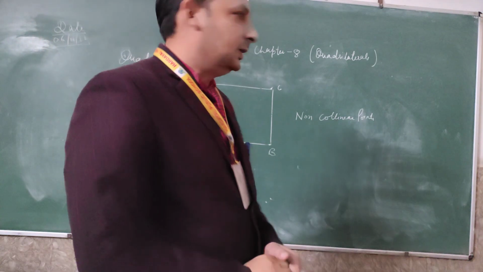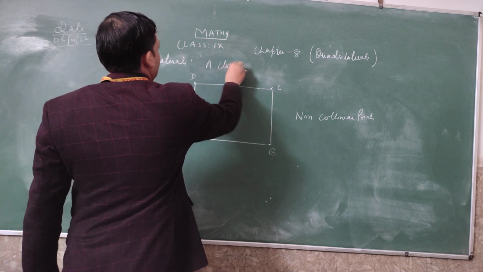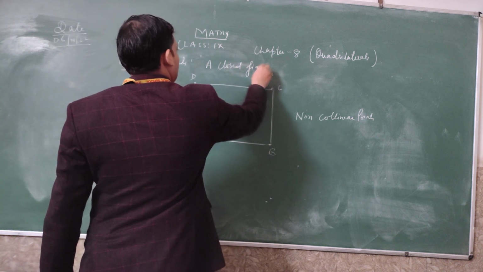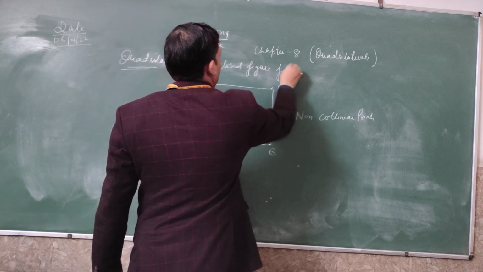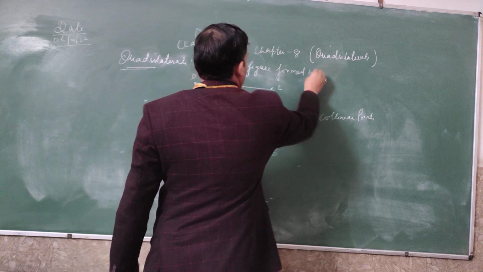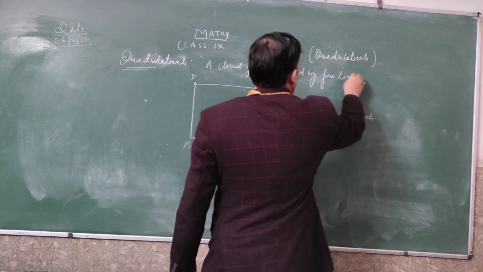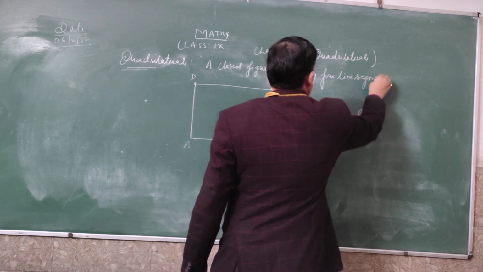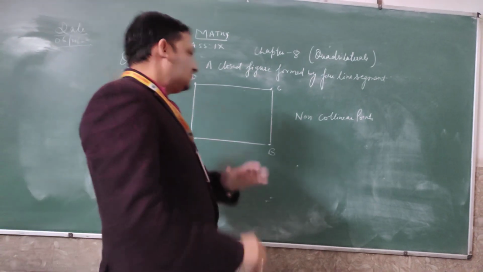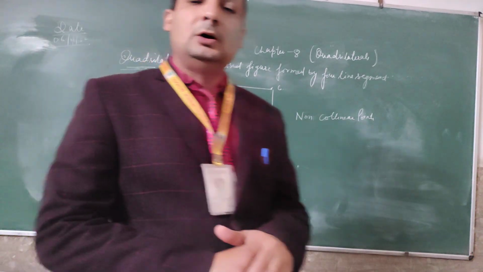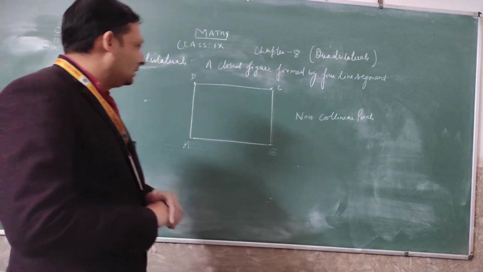It is a closed figure formed by 4 line segments, and that is called a quadrilateral. So dear students, today we will discuss only quadrilateral. So the first topic we have discussed is quadrilateral.